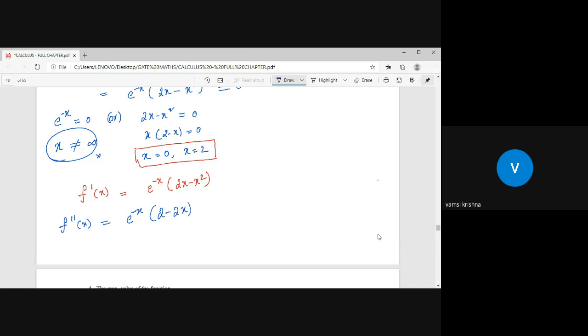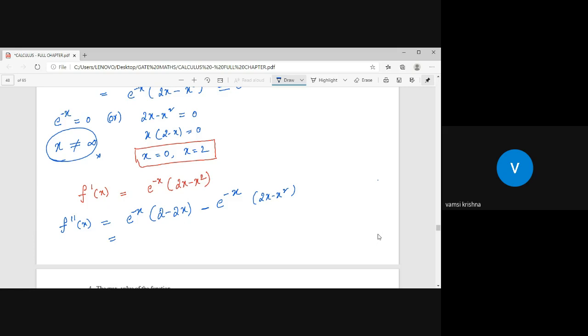Then e power minus x differentiation is e power minus x into minus 1. So let me write minus here. And 2x minus x square is constant in the second term. What happened? Okay. So what more can we simplify?